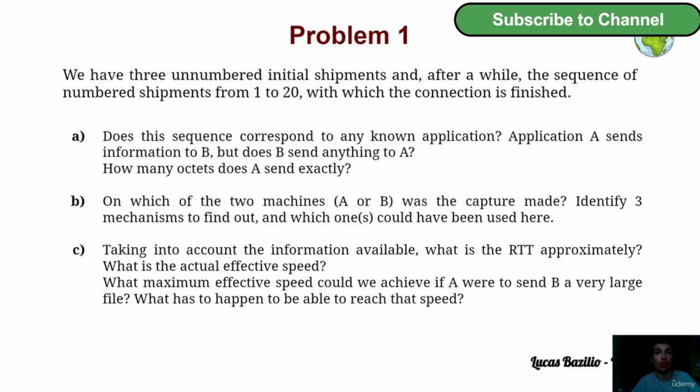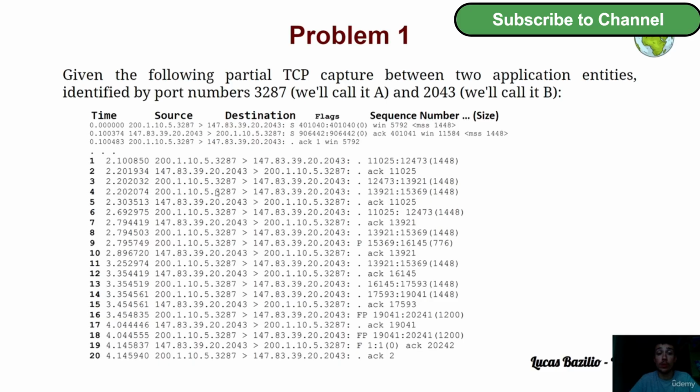They are the so-called well-known ports. So if we analyze this sequence, we see that neither the application A nor the application B has a port in this range. All of them, the application A and B, have a port greater or equal to 1024. So this is false.